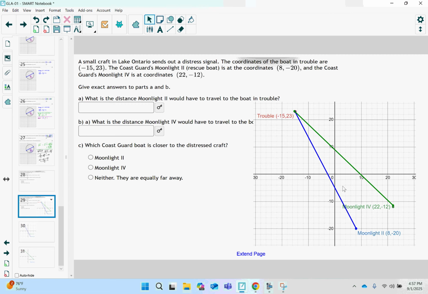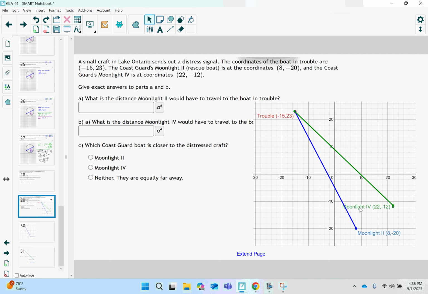And I've drawn a line between the boat that's in trouble and each of the rescue boats. And just looking at them, it looks like they might be the same distance away. Maybe the distance to Moonlight 4 might be a little shorter. So I'm not really sure, but just visually, that's what I'm seeing.